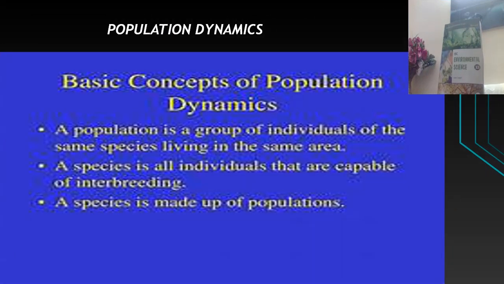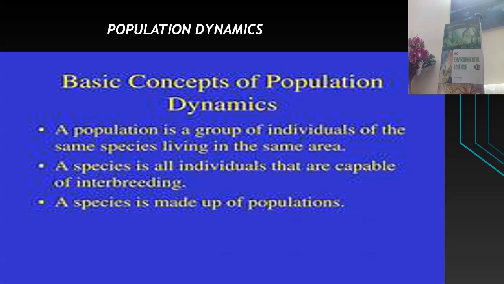Starting with population ecology, our first topic is population dynamics. A population typically consists of a group of interbreeding individuals. It is characterized by an ever-changing nature resulting from processes which lead to the addition or removal of individuals.